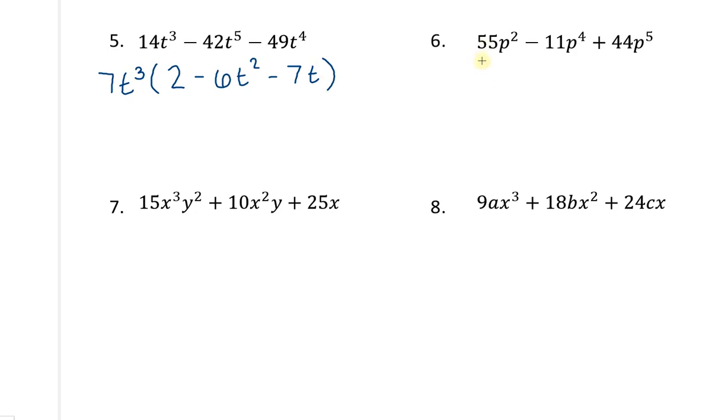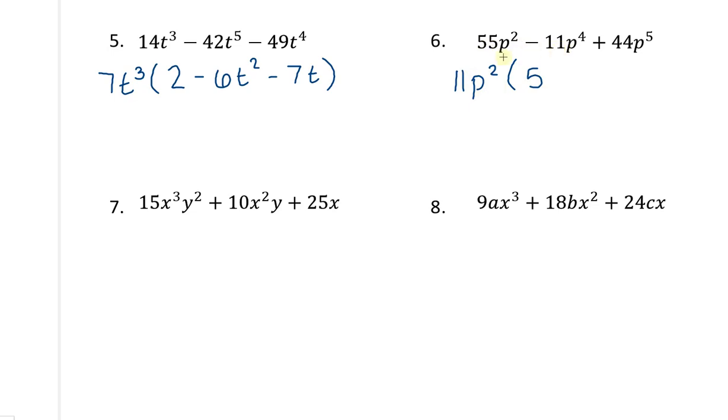Number 6, 55, 11, and 44. Our greatest common factor there is 11. Let's look at the variables. P squared, p to the fourth, and p to the fifth. And take the smallest, so p squared. Now divide it. 55 divided by 11 is 5. Your p squareds cancel.